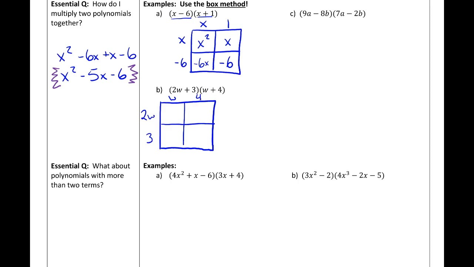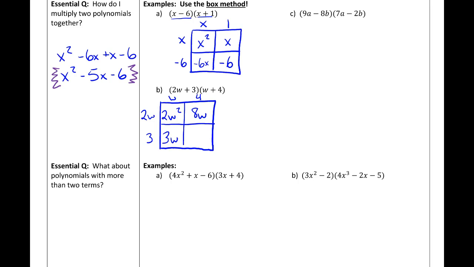That's always good. Starting in the upper left-hand corner, 2w times w. Well, that's just 2w squared. Moving to the right, 2w times 4 gives me 8w. I'm just multiplying 4 times 2 and keeping the w. Bottom left, we've got 3 times w, which is 3w.